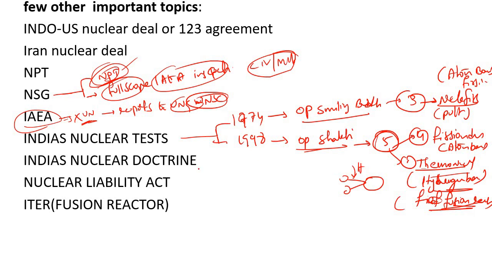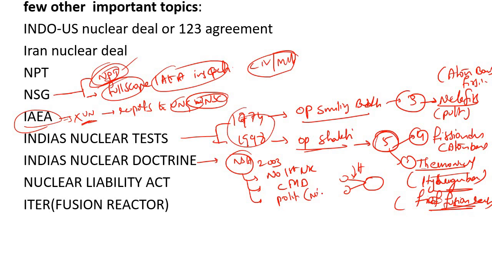Okay, and India's nuclear doctrine. After this test, the PM at that time asked our national security advisor to make India's doctrine, and it came into force in 2003, and some of the clauses are no first use policy. Okay, and you will have credible minimum deterrence, and nuclear control will be in political hands.